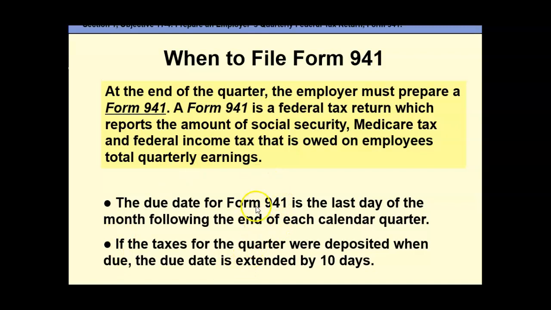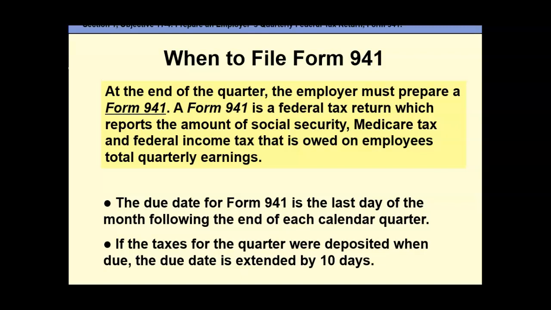Again, the 941 must be prepared and submitted by the last date of the month following the end of each quarter. If the taxes for the quarter were deposited, meaning they've been paid already, they will extend the due date by 10 days, meaning we could have paid the taxes already but not completed the actual Form 941 yet.